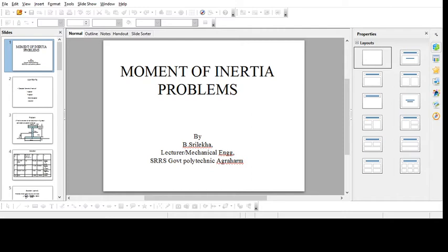So the first rectangle is 44 by 9. Its length is 44 and its depth is 9. So 44 into 9 will give you how much value? It is nothing but 396 mm squared. Next, the second rectangle.